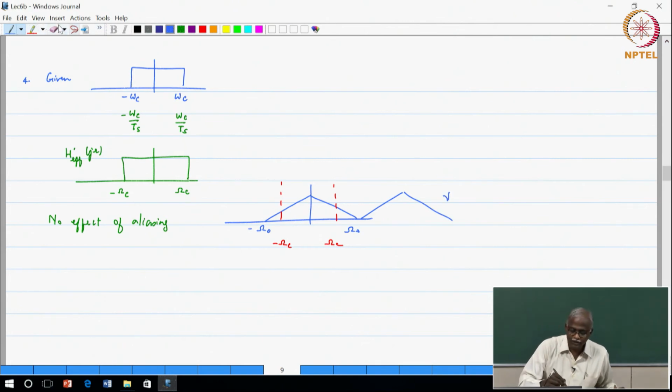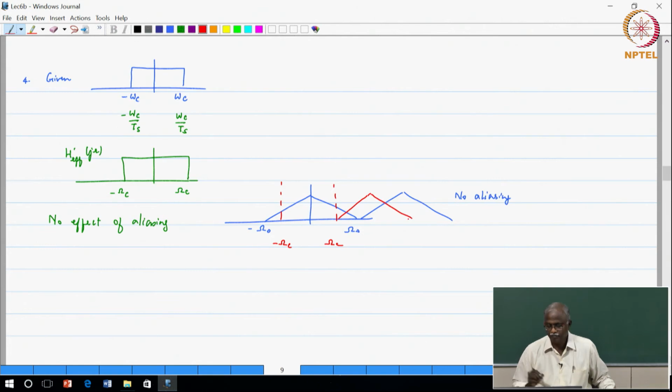Okay. So, this is the condition for no aliasing, but the condition for no effect of aliasing basically says your image can be here, right. Aliasing will occur, but my low pass filter is going to take it out. So, therefore, I am still okay.